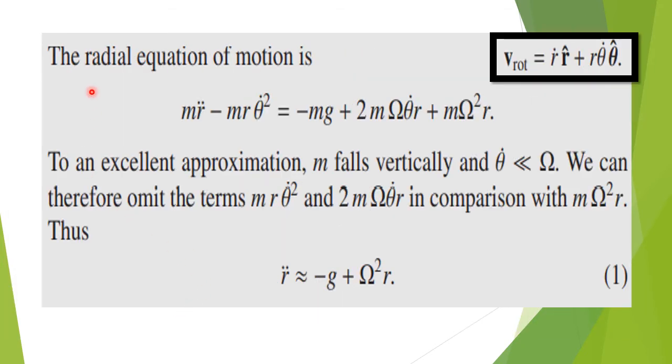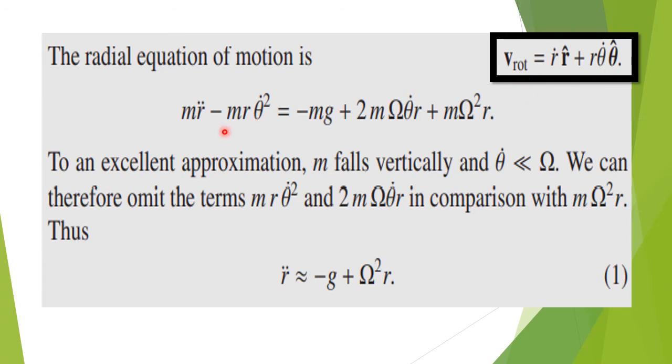Now we have the radial equation of motion. The left side is Fr, which is equal to ma, where a is the acceleration in the rotating frame. Using that relation, we find the acceleration in the rotating frame. First you differentiate this equation twice with respect to time, so we get the acceleration in the rotating frame.